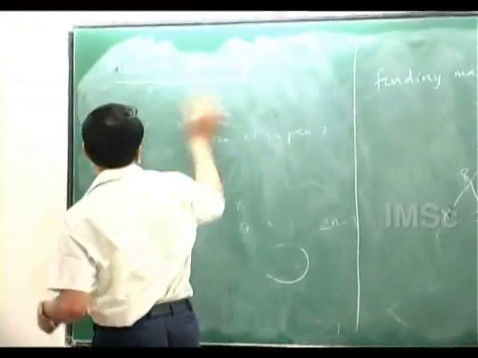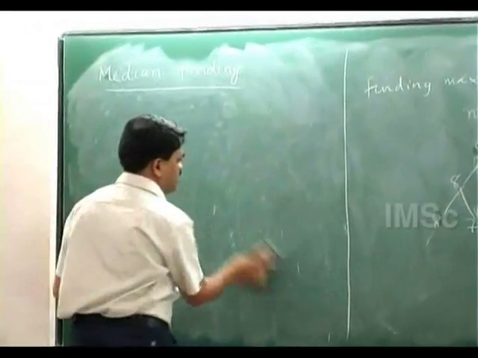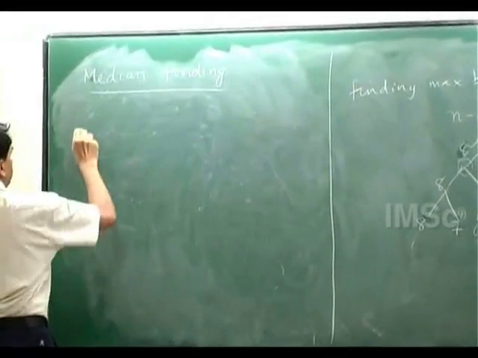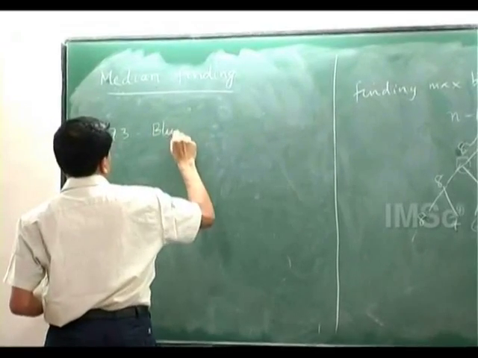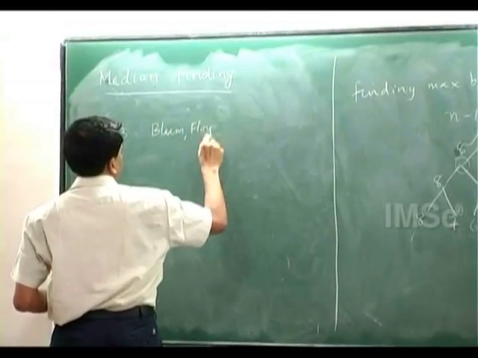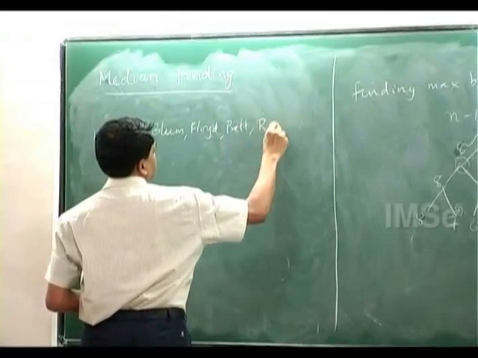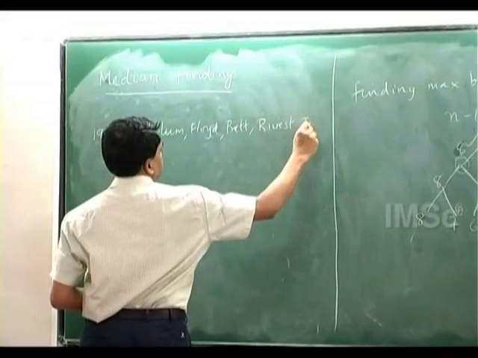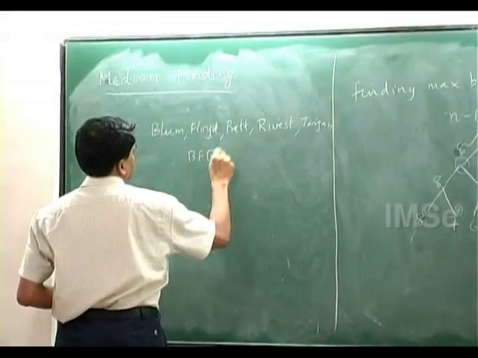In 1973, there were 5 authors: Bloom, Floyd, Pratt, Rivest, and Tarjan. It's sometimes called the BFPRT algorithm.